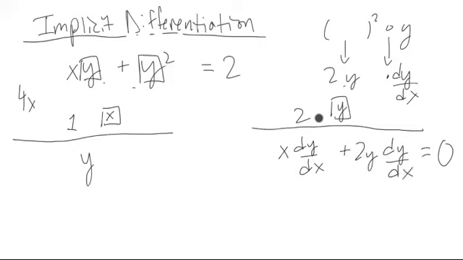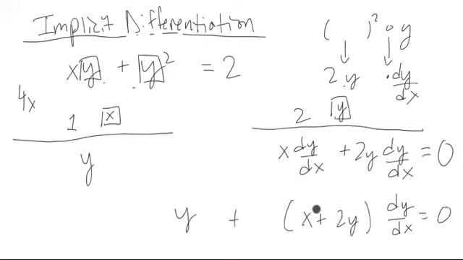Now, why was it good to use this boxing technique this way? Because here we can factor out a dy/dx. And we have an x plus 2y, and we have a y plus. So then to solve for dy/dx, we just subtract the y over and divide out by this.